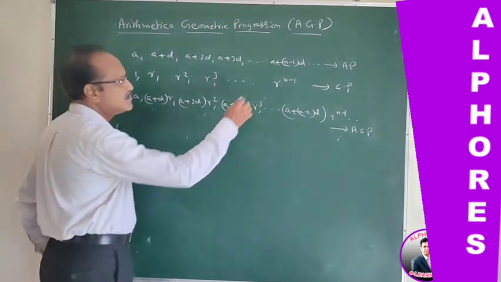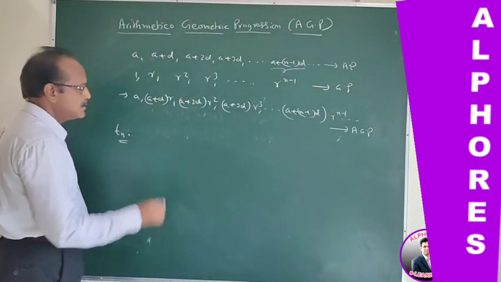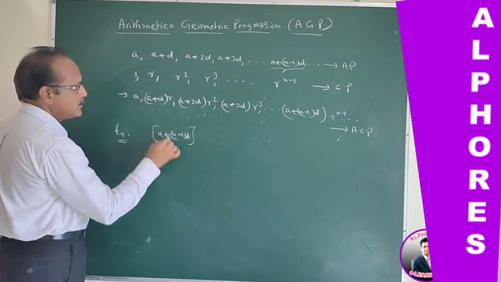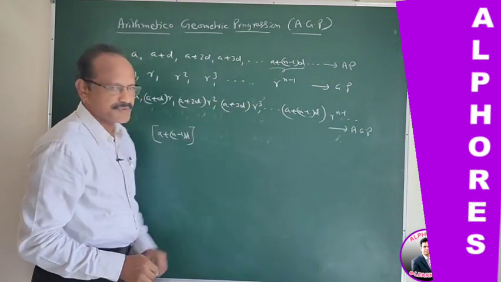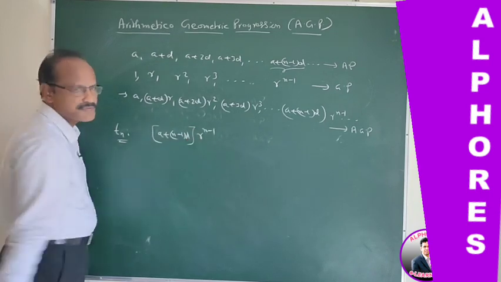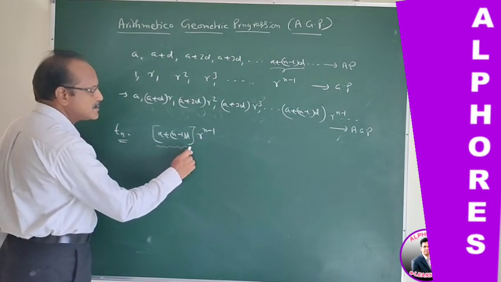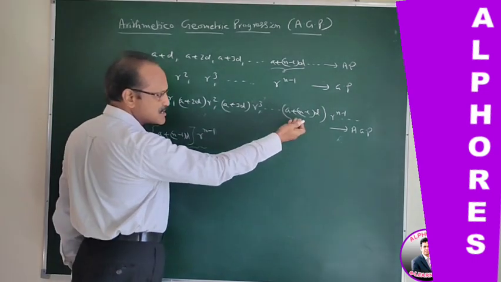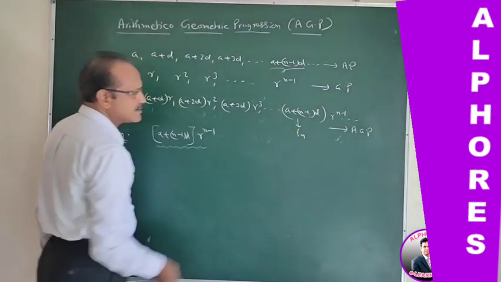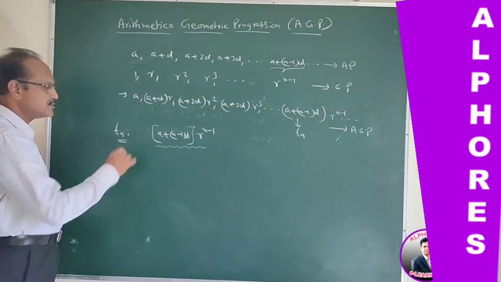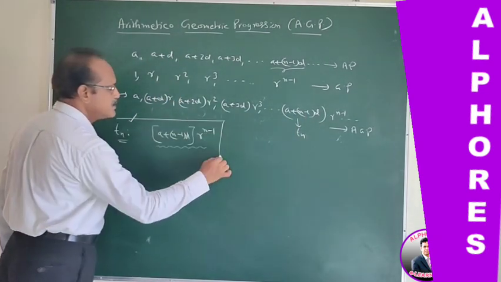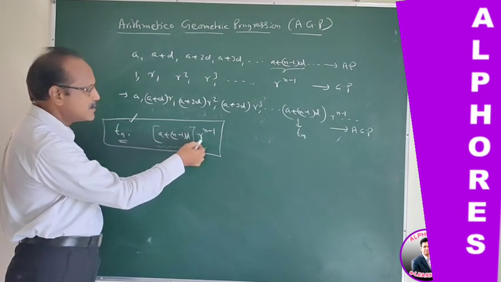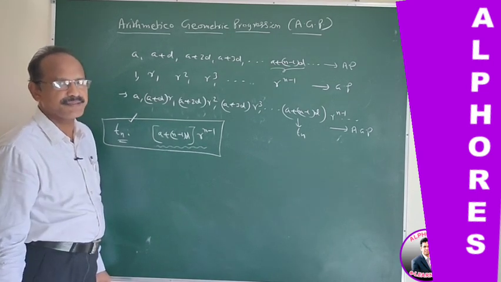The nth term of an AP is a plus n minus 1 into d, and the nth term of a GP is r power n minus 1. So this is the formula for the nth term of an AGP series. In this formula, a is the first term, n is the number of terms, d is the common difference of the AP, r is the common ratio of the GP, right?